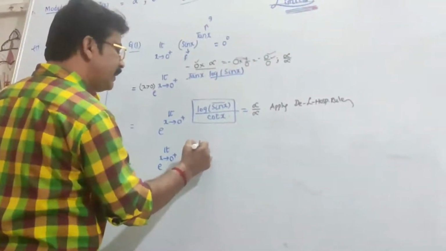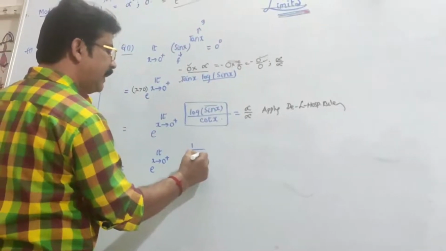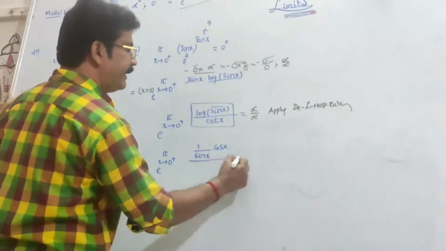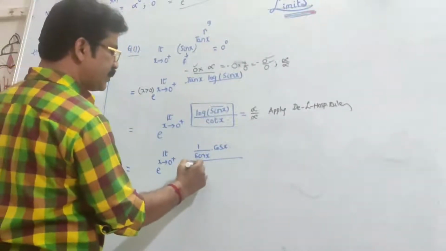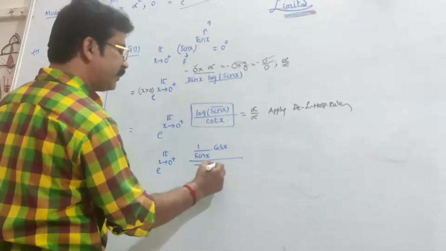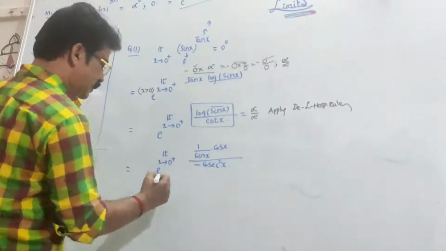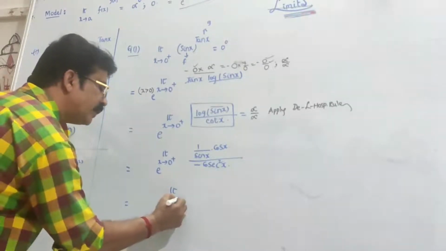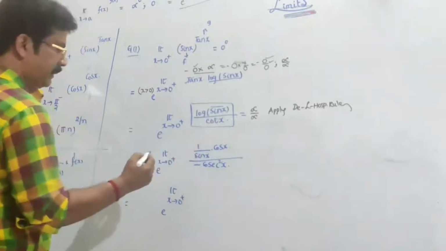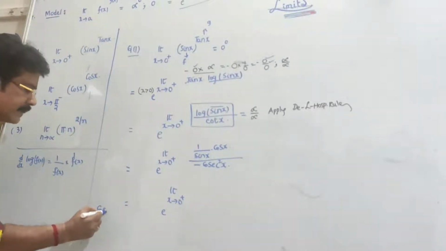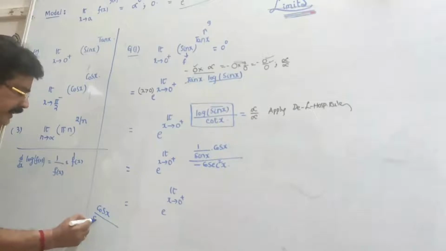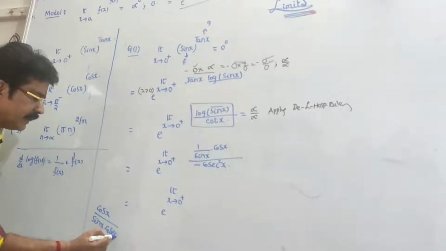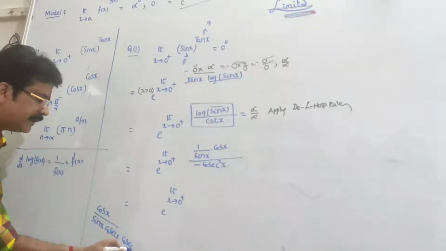Using that, 1 divided by sin x, d by dx of sin x is cos x, divided by d by dx of cot x, minus cosecant square x. So that is equal to e power limit x tends to 0 plus, cos x divided by sin x into cosecant square x, means cosecant x into cosecant x.